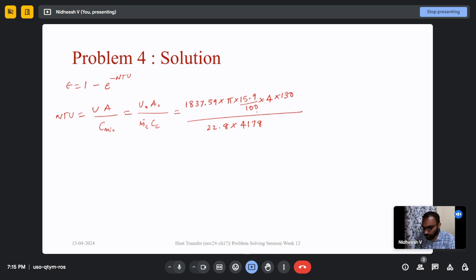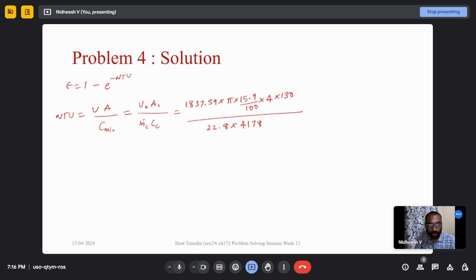Okay, let's evaluate this expression. 837.559 multiplied by pi d, no, not pi d square, pi d into 4 into 130, that is the total number of tubes and passes, divided by 22.8 into 4178,000.